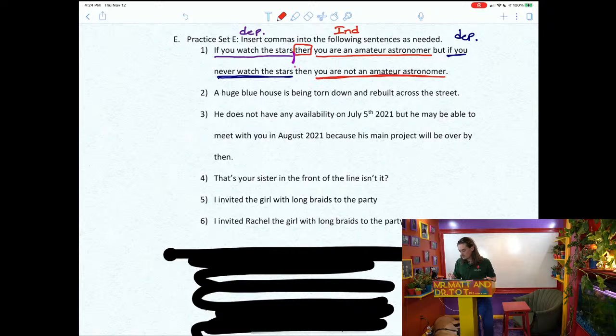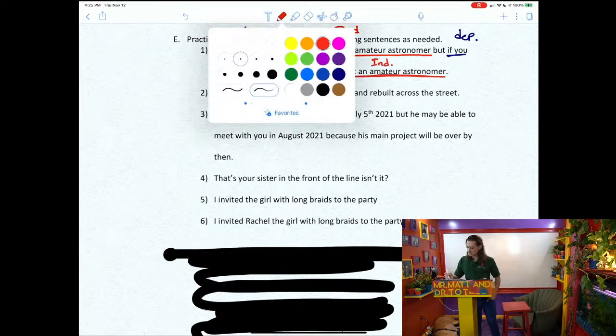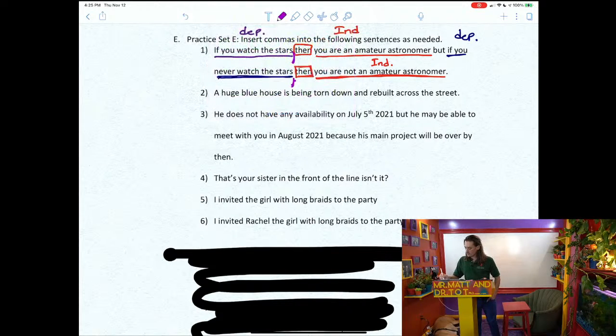So we have this conjunction, so we need a comma in between this dependent, independent clause construction. So we need a comma between the two if-then statements, and then we also need a comma between the overall statements themselves. So we have two dependent, independent clause constructions combined together with the conjunction but.